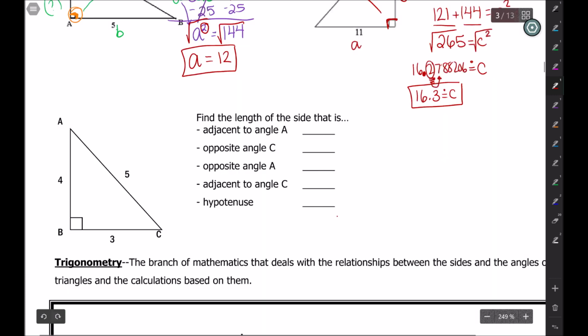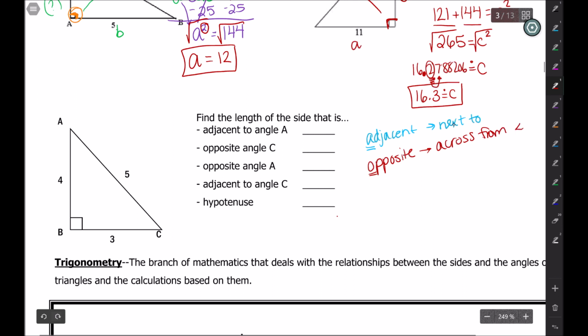Okay? So now before we get into trigonometry, there are 3 different words that we need to make sure we understand. The first word is adjacent, and adjacent just simply means next to. The next one is the word opposite, and opposite is just across from the angle.